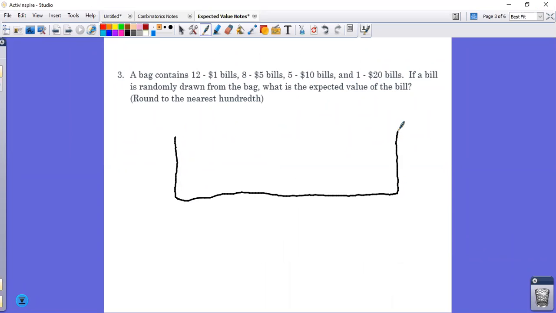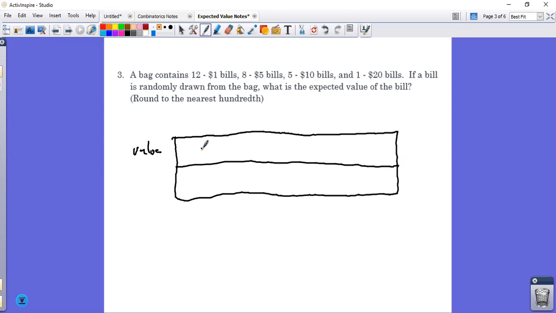Well, the values of these bills are $1, you have a $5 bill, $10 bill, and a $20 bill. And there are 12, 8, 5, and 1.